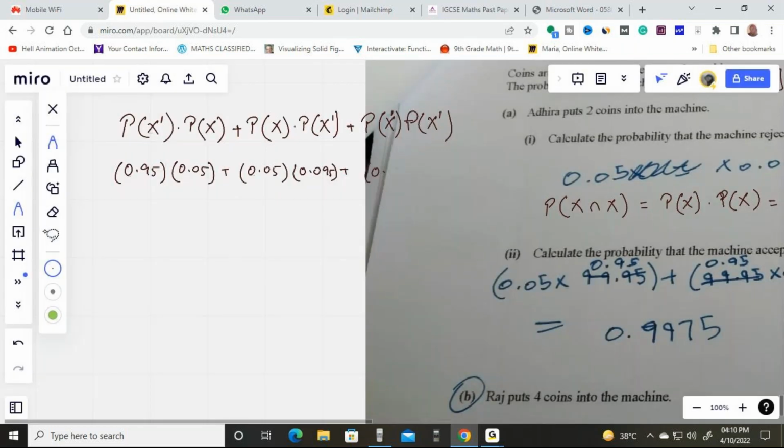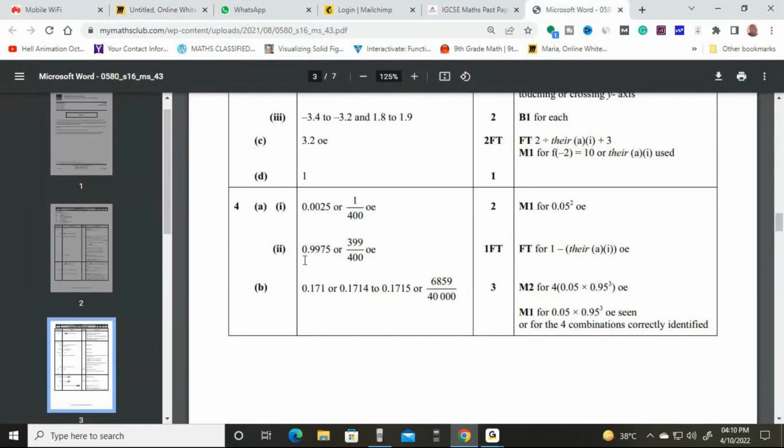Get the answer now. You get 0.9975. This is the answer. We check this out: 0.9975, and that's it. It's correct.